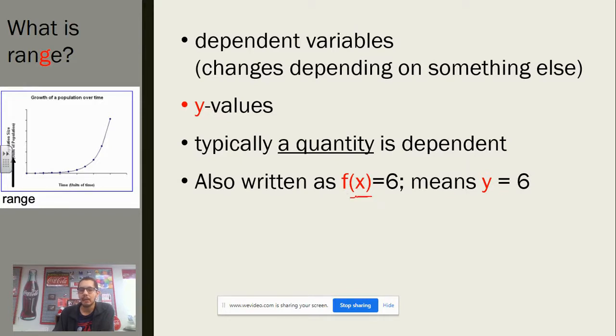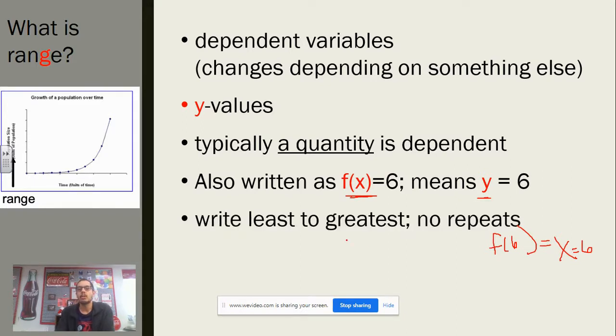So we're going to see f of x be written in place of y. So our function notation, the entire f of x is the same thing as y. So if we see f of x equals 6, this says y equals 6. But if we see f of 6, this is telling me that x is equal to 6. So you just kind of want to know the difference between the two.